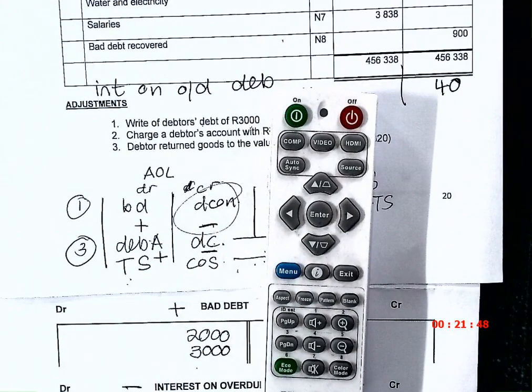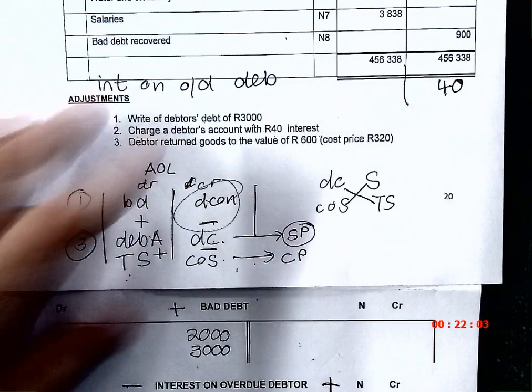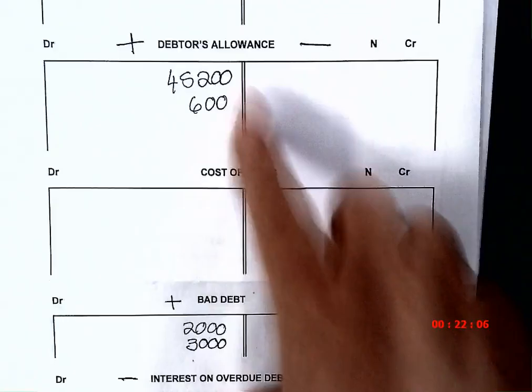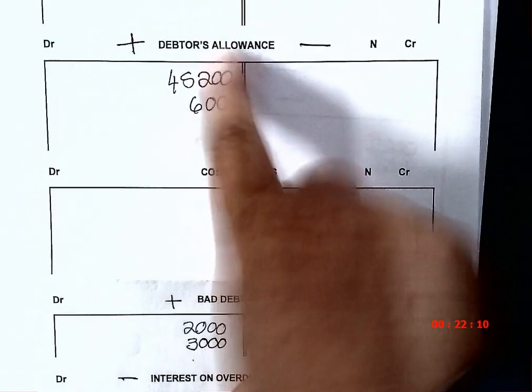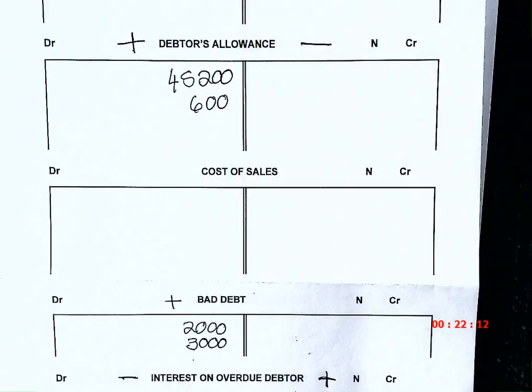So now that person doesn't owe me anymore. So I need to subtract the 100 from what he owes me, and I need to subtract the 100 from my sales. But I don't do it directly with sales. I do it through the account that I call debtor's allowance. Because in the end, I'm just going to close that to sales, and it's going to make my sales less. Isn't that true?